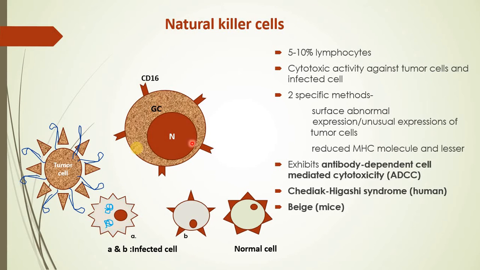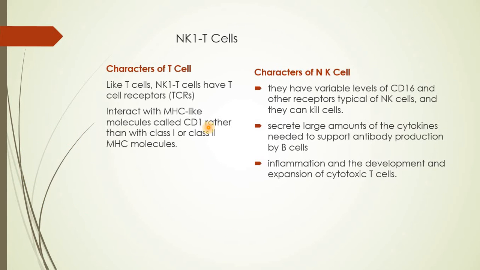Suppose the natural killer cell's activity is less in certain humans due to a certain kind of disorder or infection. It leads to Chediak-Higashi syndrome in humans, and in mice it leads to the Beige condition. Okay. Now the next is the types of natural killer cell.